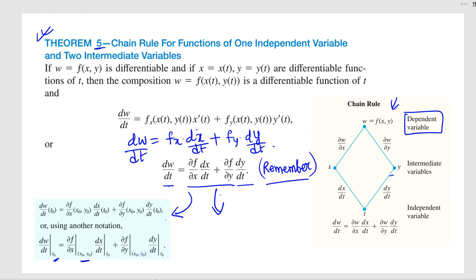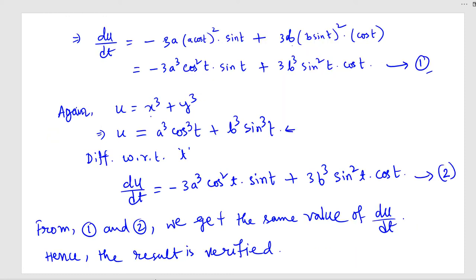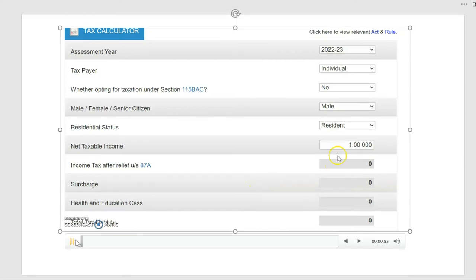Because we have so many real problems, for example, I will tell you this one. This is one kind of several variable function. This example is taken from the Government of India income tax department.